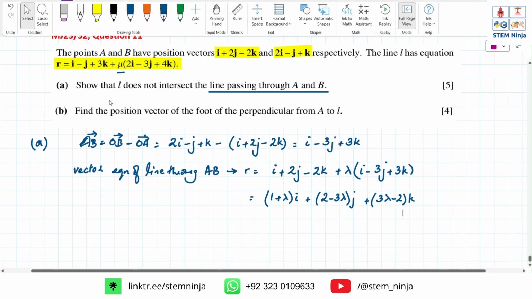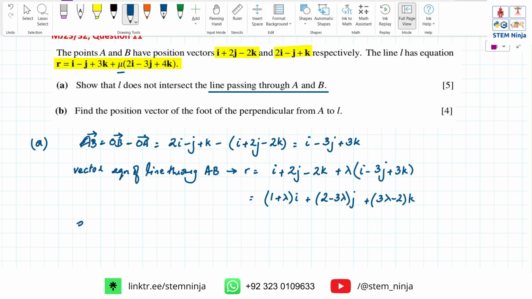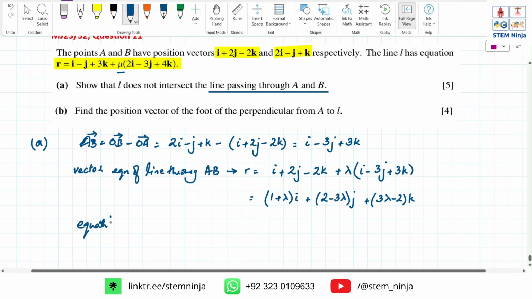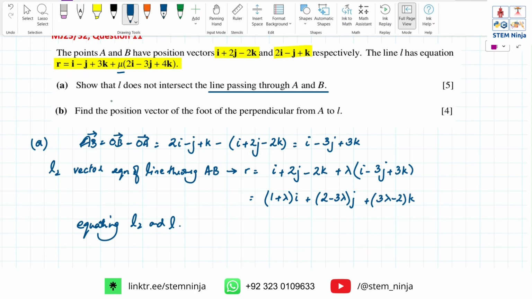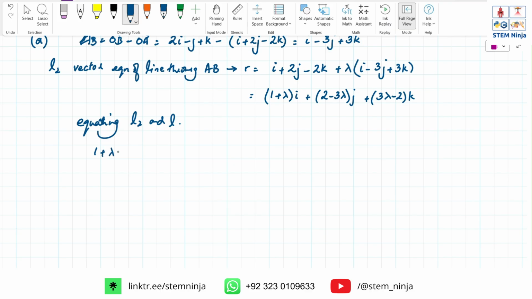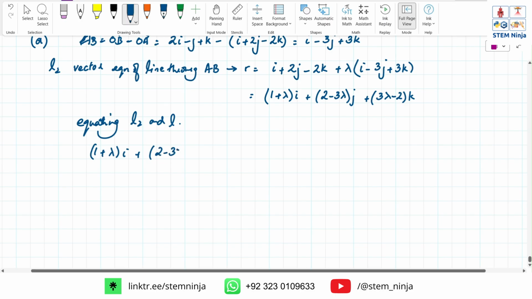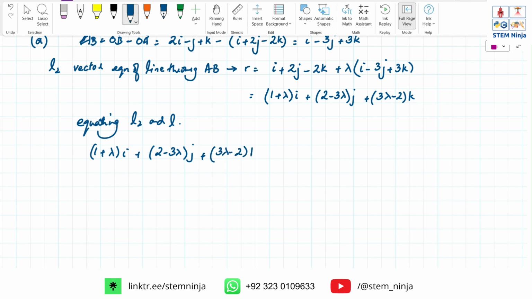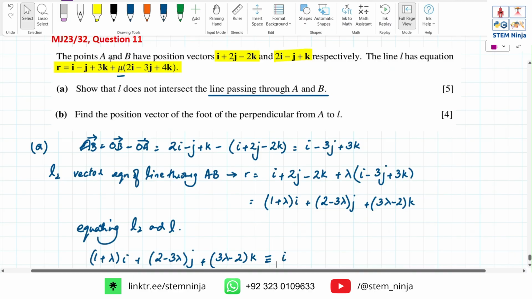Now we need to equate these two equations. So equating, let's call this L2, L2 and L. So we have 1 plus lambda i plus 2 minus 3 lambda j plus 3 lambda minus 2 k identical to the other line. We are going to do the same thing with this line.